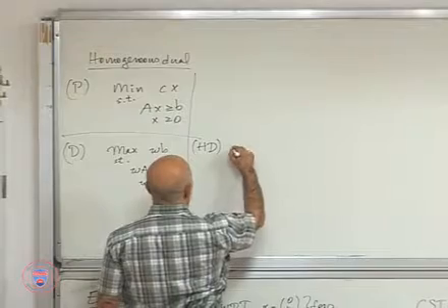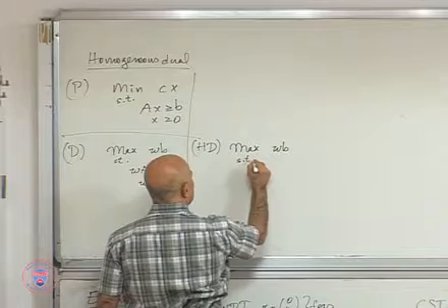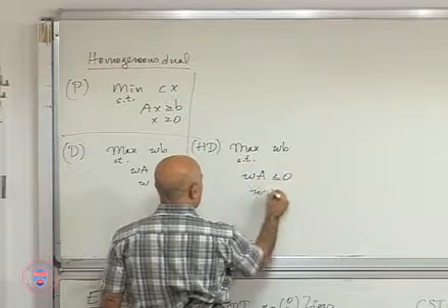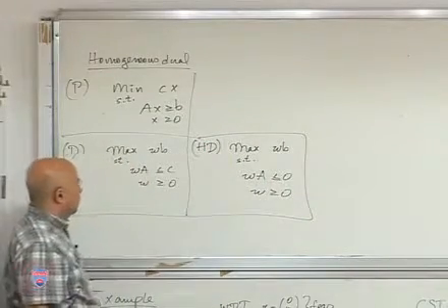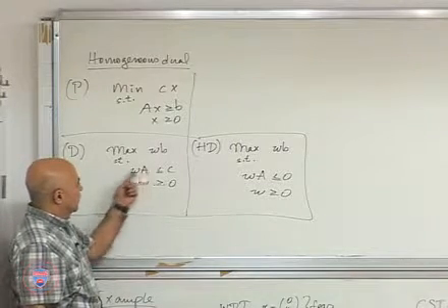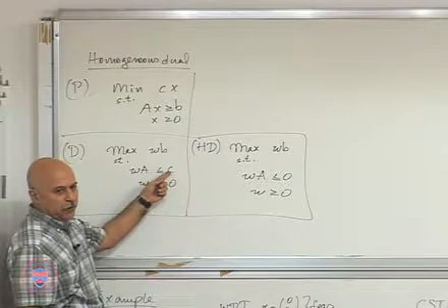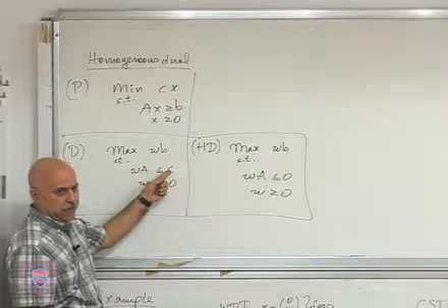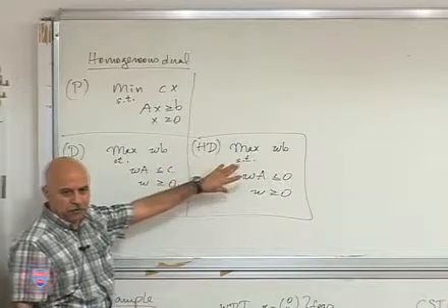So this is the homogeneous dual. When you replace the right-hand side elements by 0, what are you actually looking at? You're looking at directions, right? The directions of the feasible set. Okay?